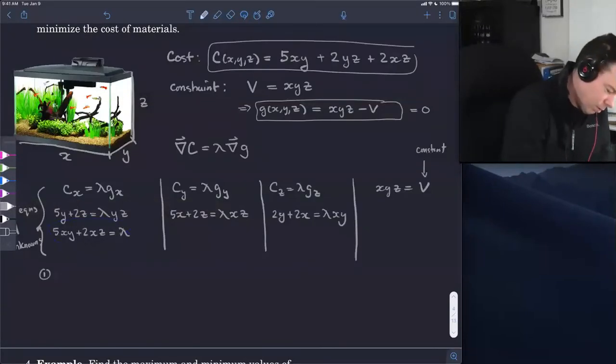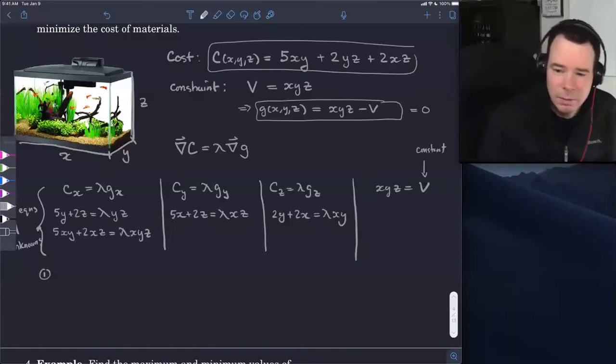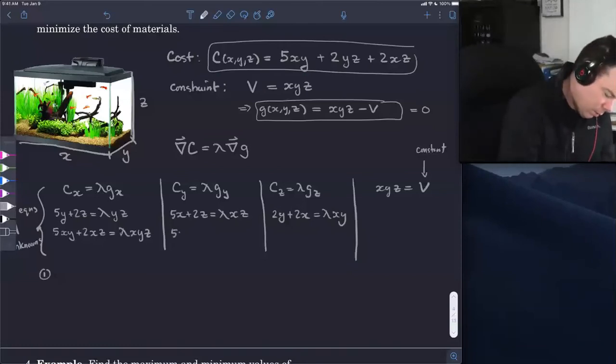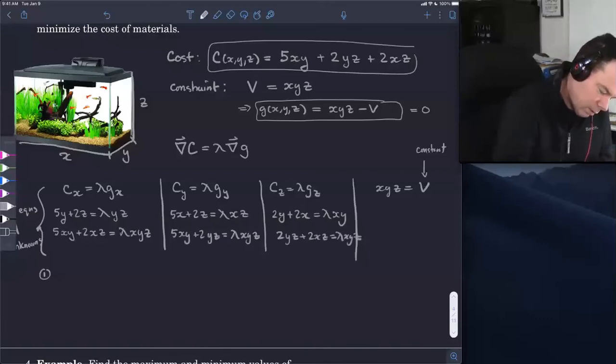What I've done is taken that first equation and scaled it through by x. And I'll do the same thing for the next one with respect to y. Scale through by y: 2yz equals lambda xyz. And do the same thing for the last one. Scale through by z: xz is equal to lambda xyz.